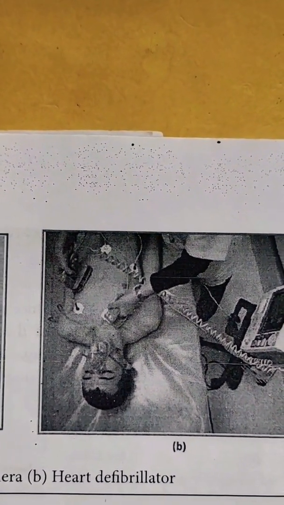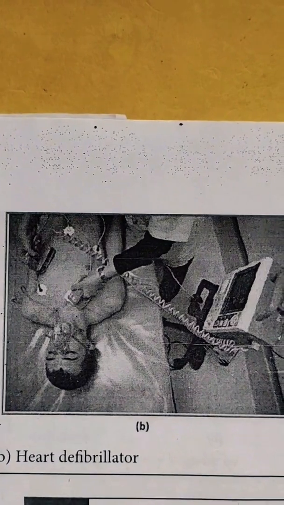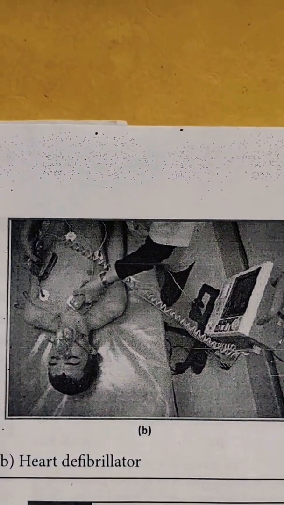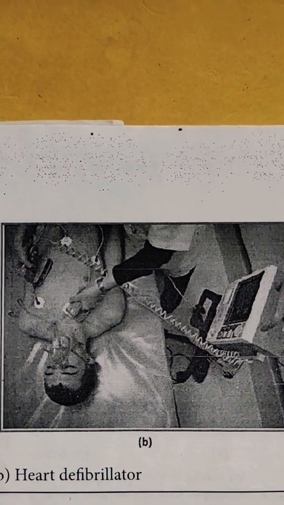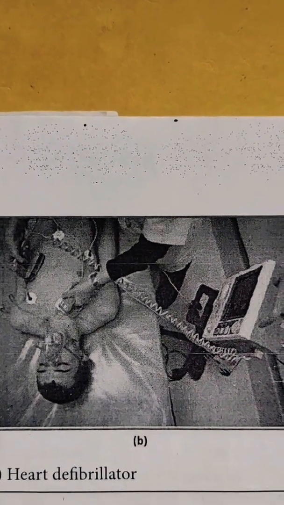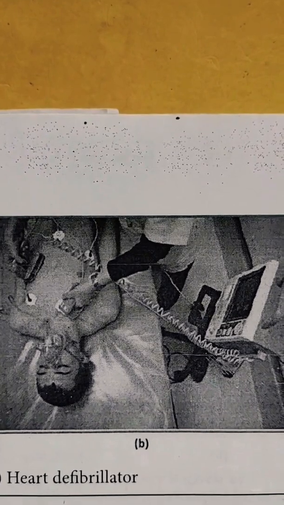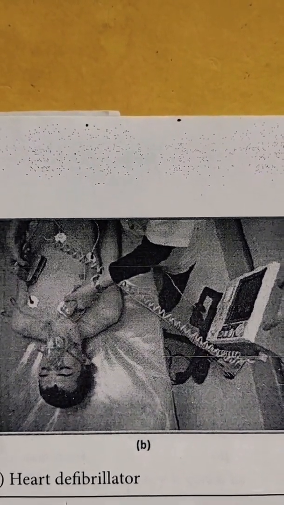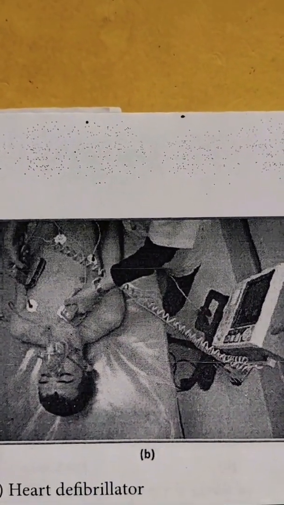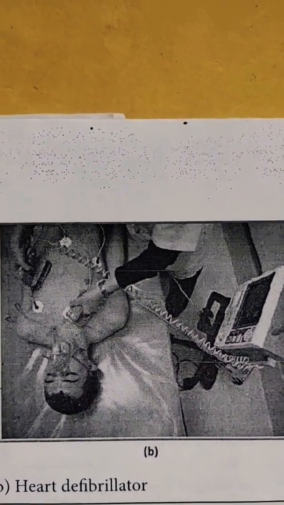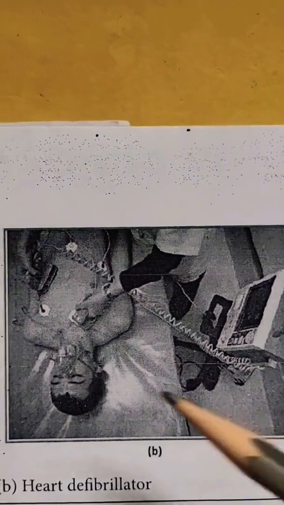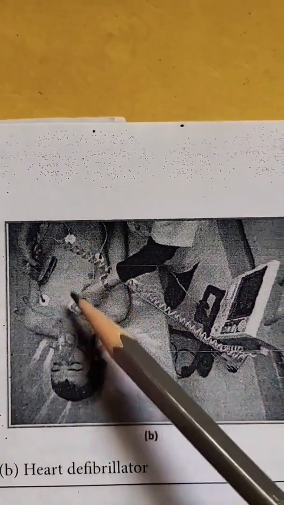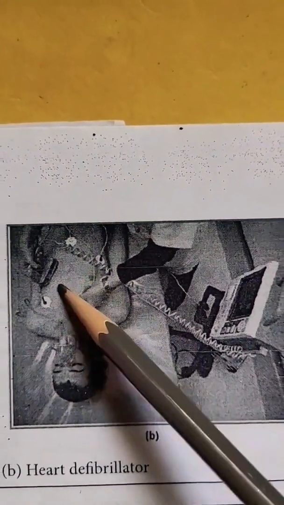The device is called a heart defibrillator, which is used to give a sudden surge of a large amount of electric energy to the patient's chest to restore normal heart function. This defibrillator uses a capacitor of 175 microfarad, charged to a high voltage of around 2000 volts. This is one of the applications of capacitors.